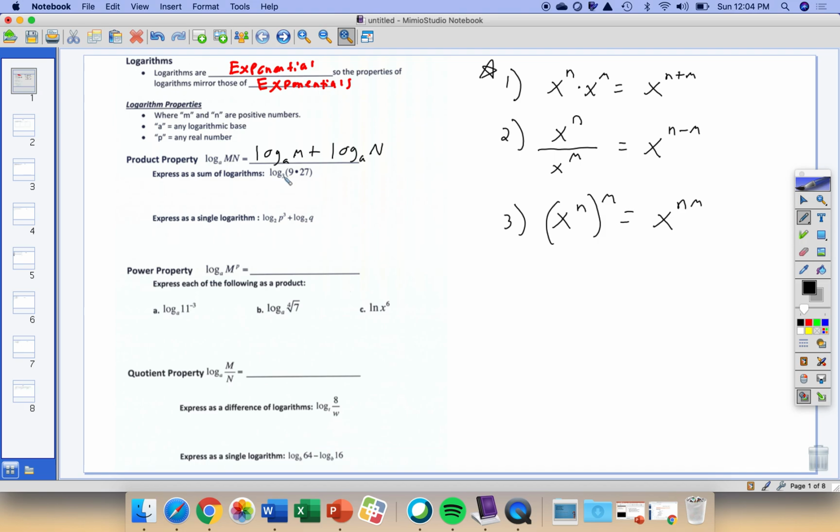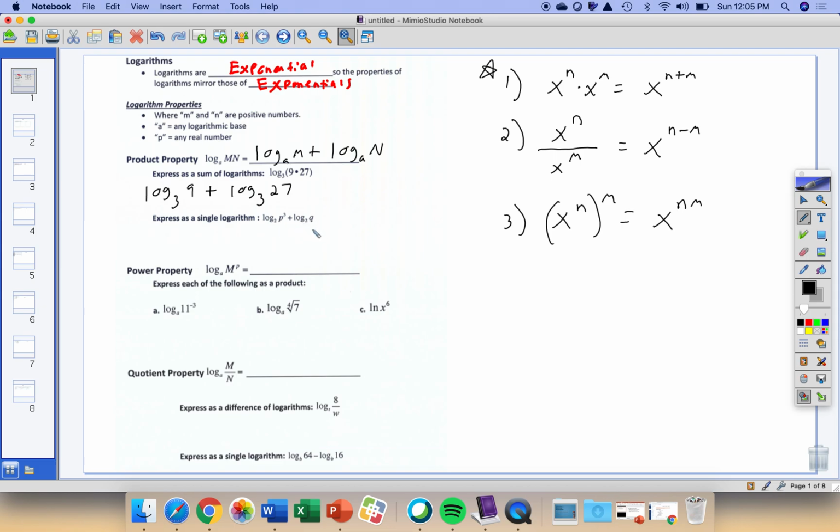For example, I have log base 3 of 9 times 27. This can be rewritten as log base 3 of 9 plus log base 3 of 27. If I wanted to condense logarithms, I can reverse it, because I have the same base. Here I have log base 2 of p cubed and log base 2 of q.